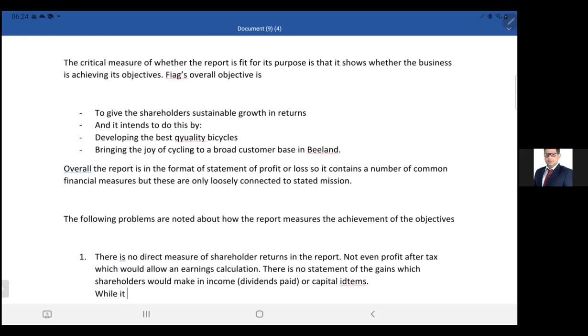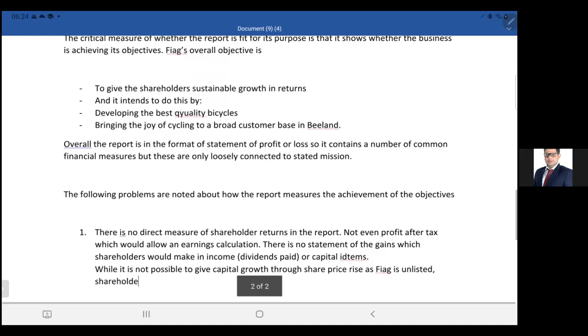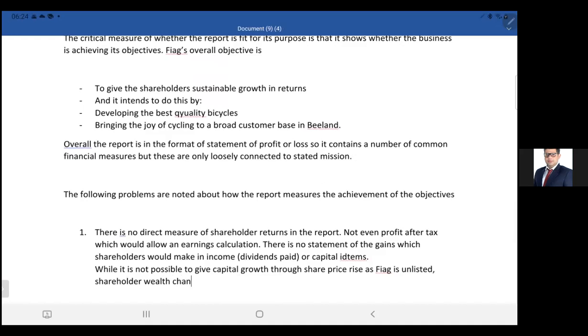While it is not possible to give capital growth through share price rise as PIAG is unlisted, shareholder wealth changes could be measured through NPV or economic value added.